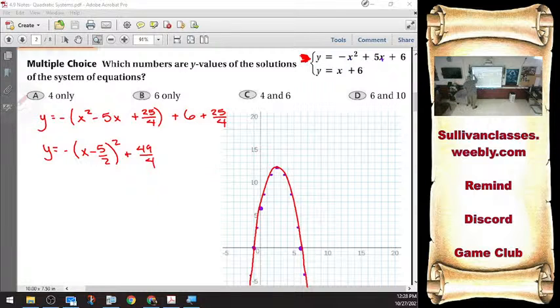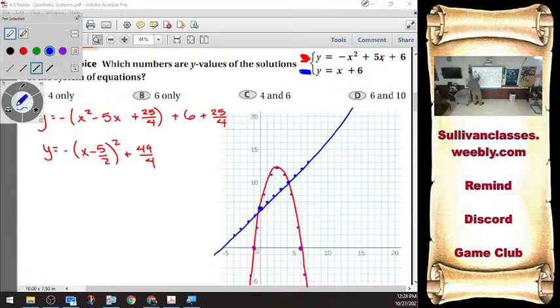So now, when I come along and put this line on here, start at 6, up 1 over 1, up 1 over 1, up 1 over 1, up 1 over 1. Now I see exactly where it hits because I've got enough points to make it obvious.